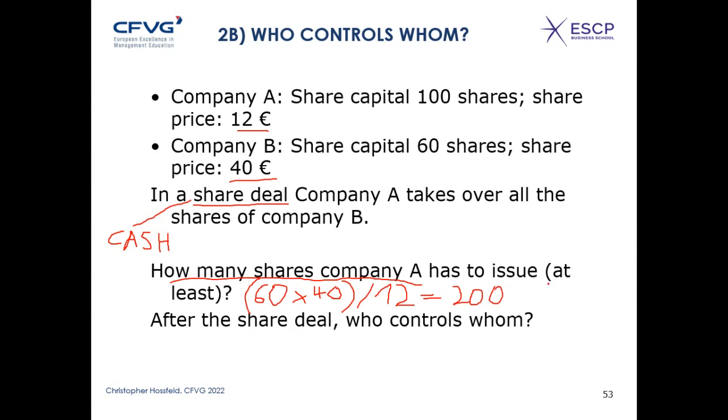So why do I say here "at least"? Here we calculated 200 shares. In real life, company A would probably need to issue even more than 200 shares. Can anyone tell us why? Why is it very likely that company A needs to issue more than 200 shares? Okay, because market prices may change, that is true, but even if market prices stay the same, I would probably still need to issue more shares.